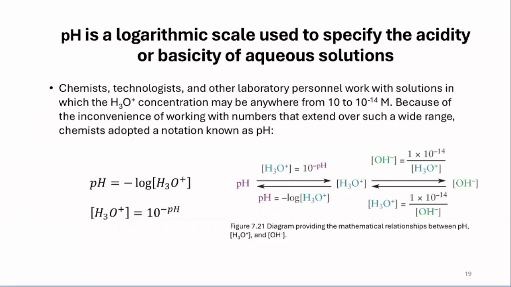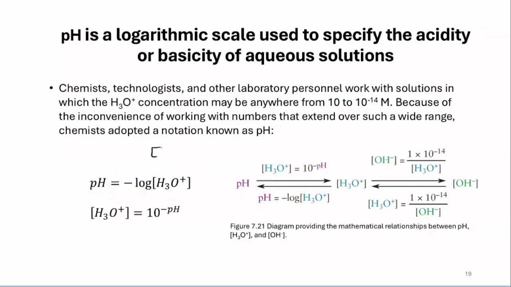When it comes to pH, let's understand that there are mathematical equations that we can utilize in order to calculate the pH of a solution. We can see that the basic equation of pH is the following. pH is going to equal the negative log base 10 of the concentration of hydronium in a solution.